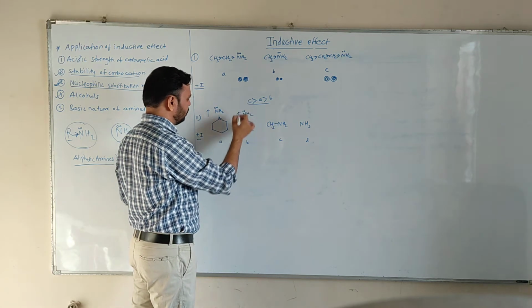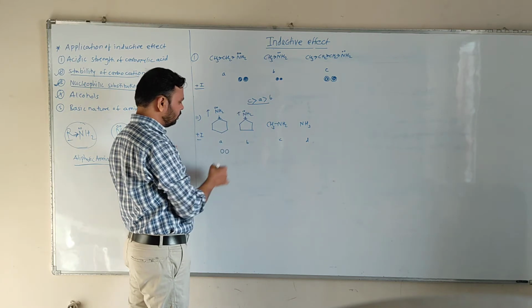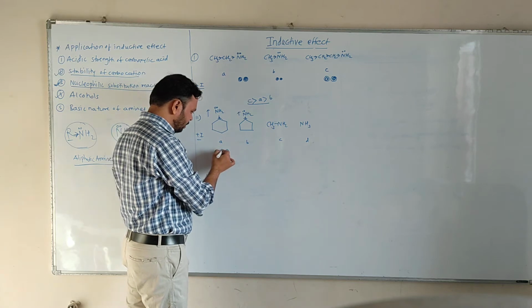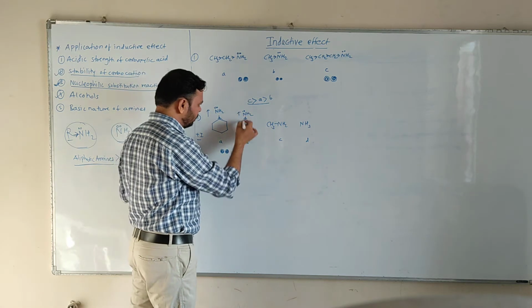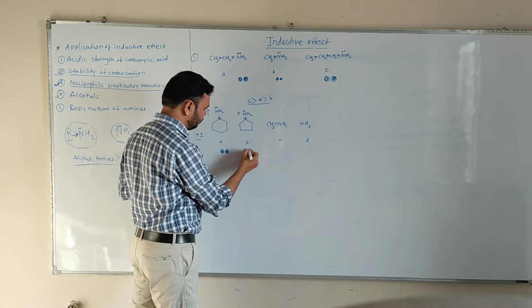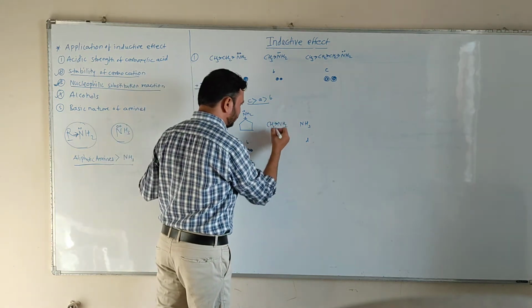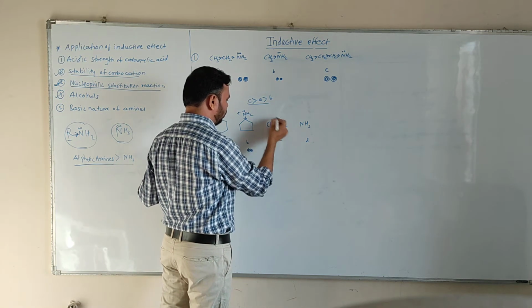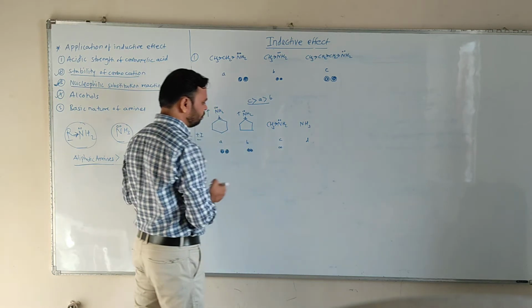Comparatively, this is the electron density for diagrammatic representation. In this case, as compared to this one, it is small. In this case, only one group is here, so the electron density does not increase much as compared to this one.